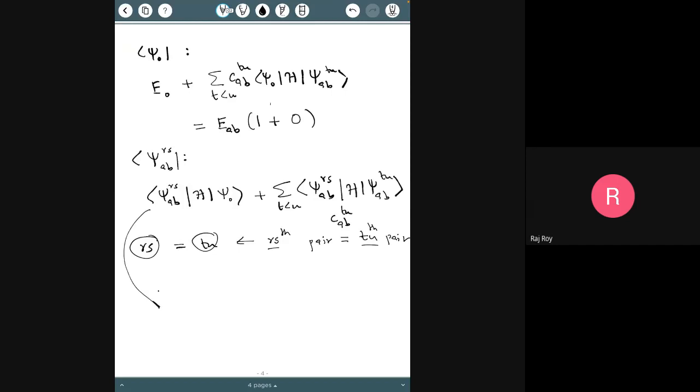So this is equal to EAB psi AB to RS psi AB to RS, that is equal to EAB.